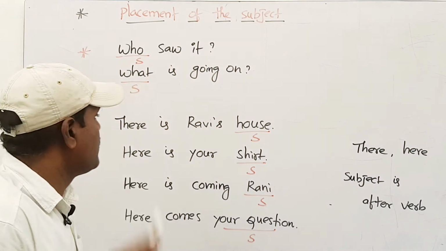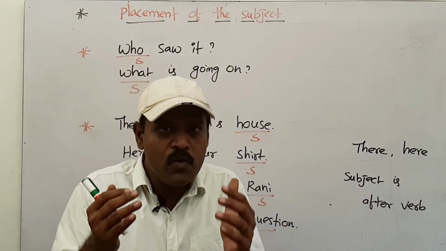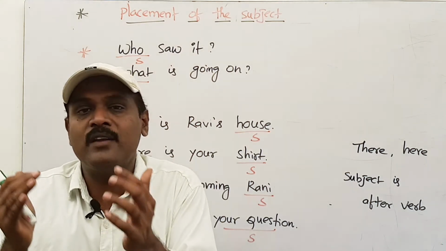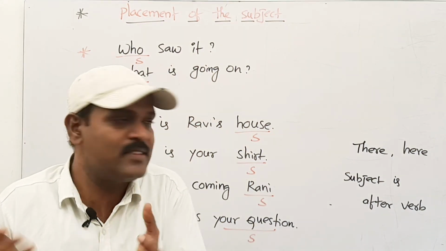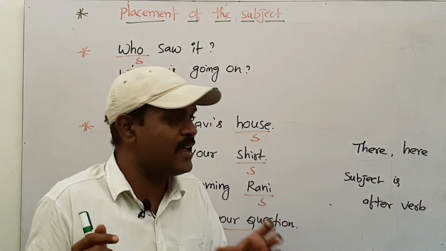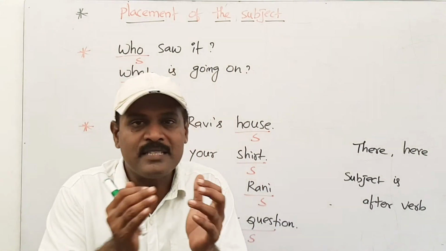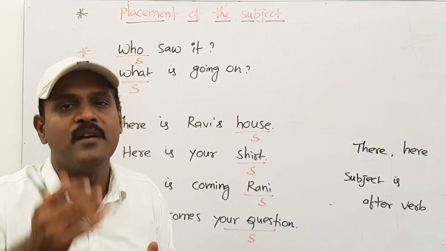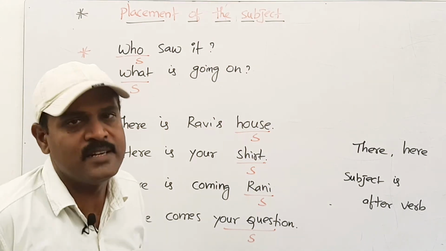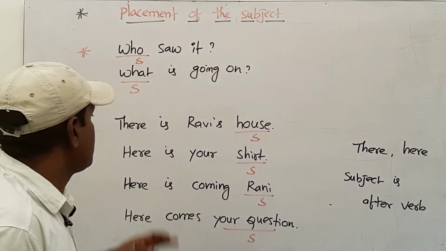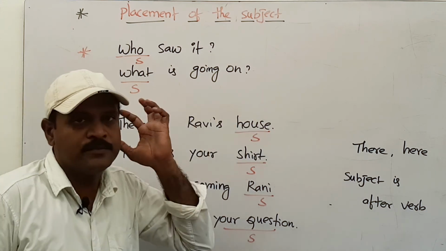Okay. Next point. When we start the questions or statements or anything else with dummy subjects like there, here, usually the subject comes after the verb or at the end of the sentence. Look at some examples. There is Ravi's house.